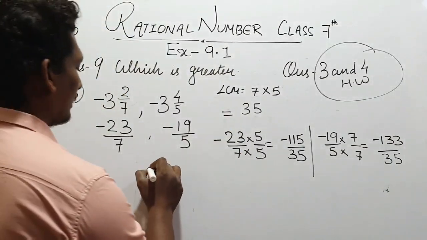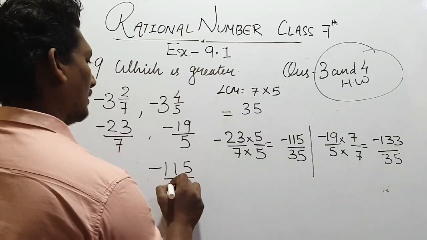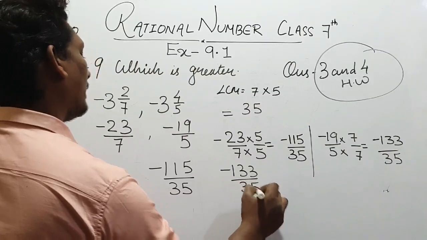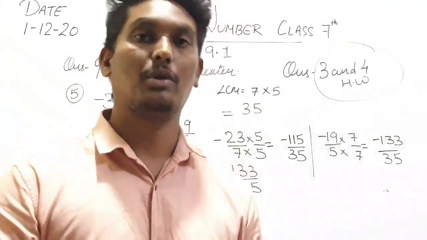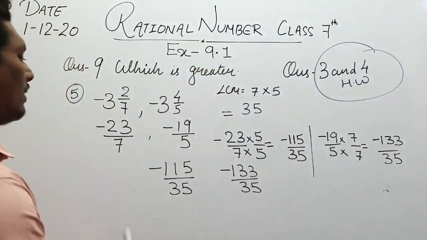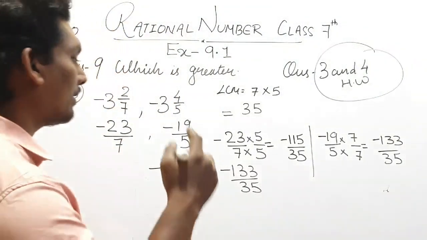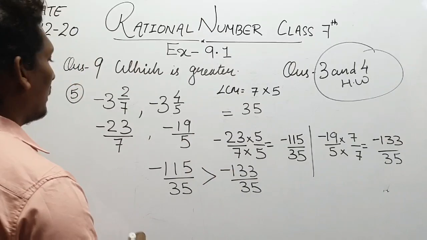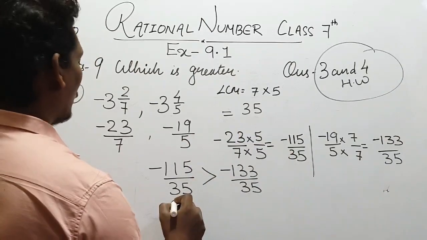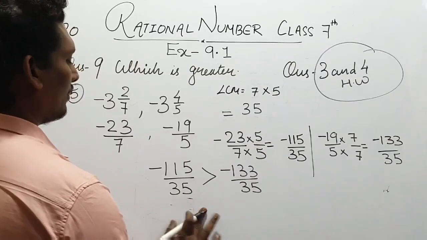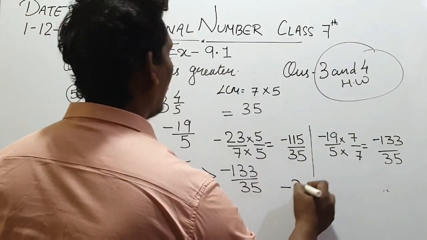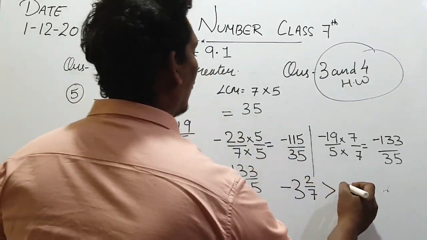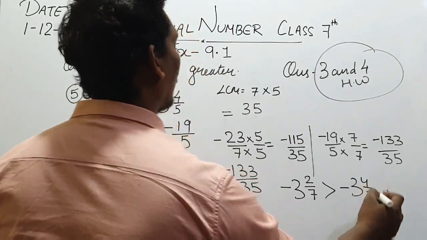As I told you in the previous question, the denominators are both 35, so the greater number is smaller and the smaller number is greater. Here 115 is greater as compared to 133 because of the negative sign. So we got, don't write 23 here, just write minus 3 2 by 7 is greater than minus 3 4 by 5.